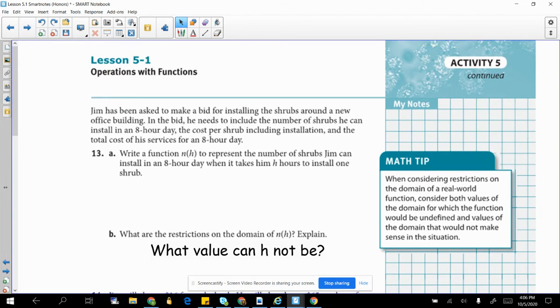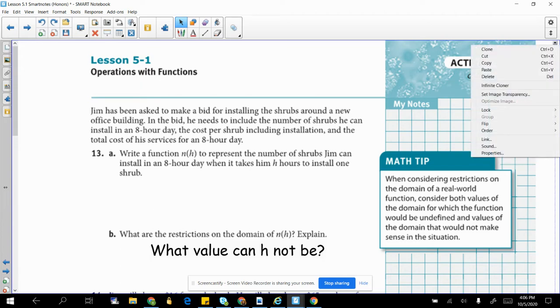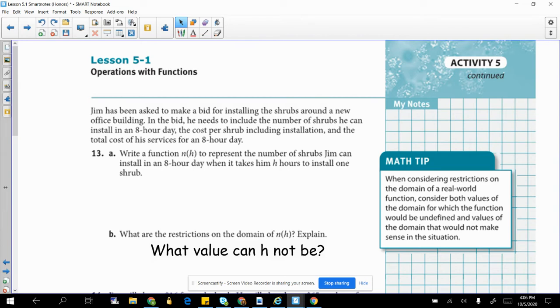Okay, so again, we are going to be coming up with a function here. And in this case, think about it. If you were trying to figure out, I have 8 hours and I can do this in however many hours. Let's say you knew you could put in one shrub in 2 hours.